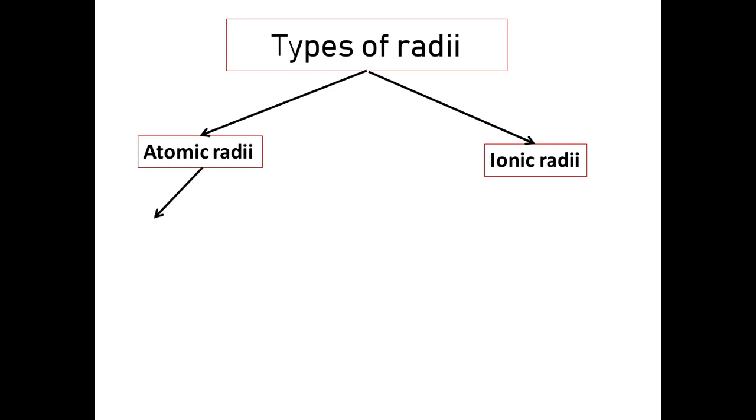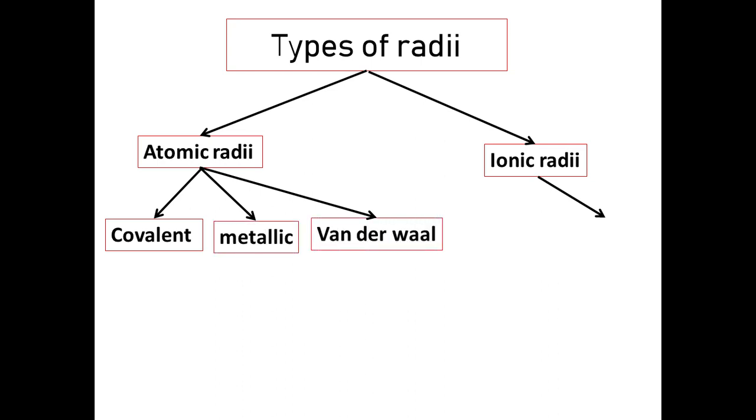So atomic radii is further divided into how many portions? Three portions. While ionic radii is divided into two portions, that is cationic and anionic radius. So what about the atomic radii? The first type of atomic radii is covalent, metallic, and van der Waals. And what about the ionic? Ionic radii may be cationic or anionic radius.